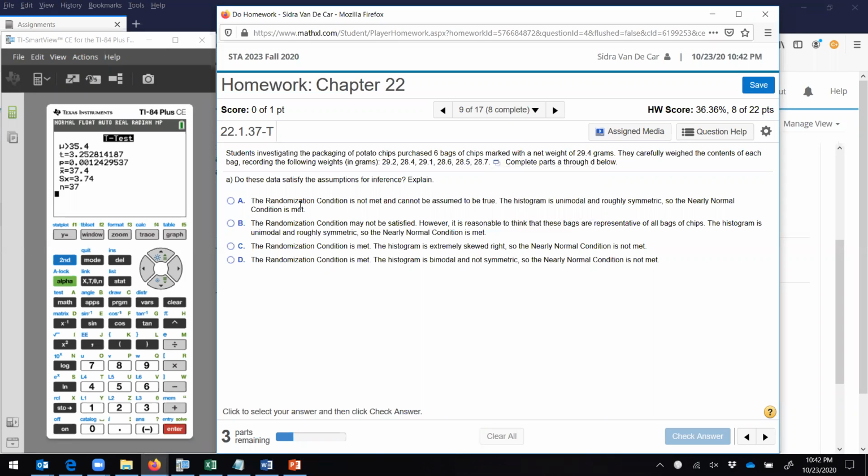So randomization may not be satisfied, but these bags are representative of all bags of chips. They didn't show me a histogram, but I'm going to bet that's probably true. So let's see.